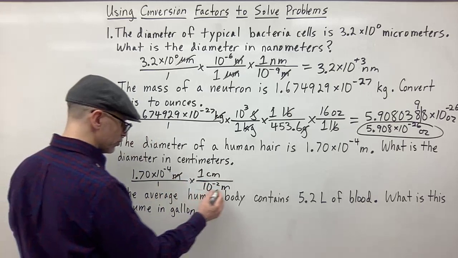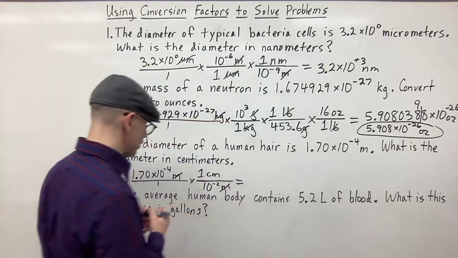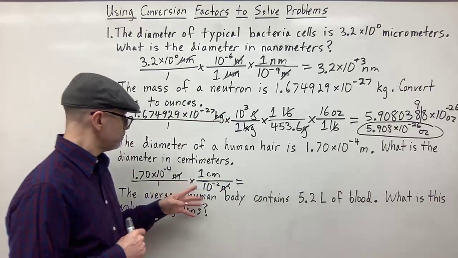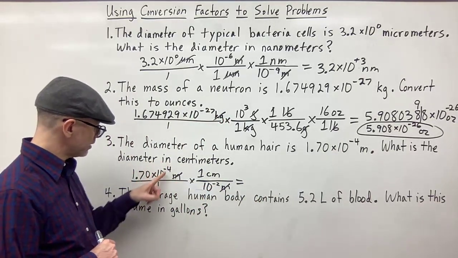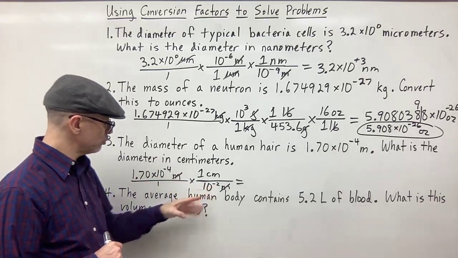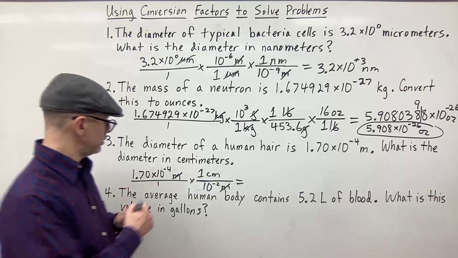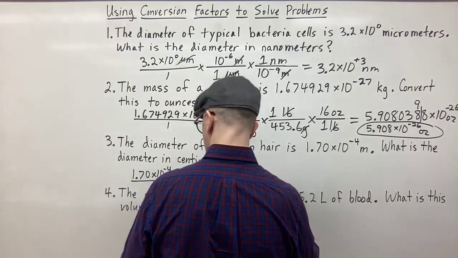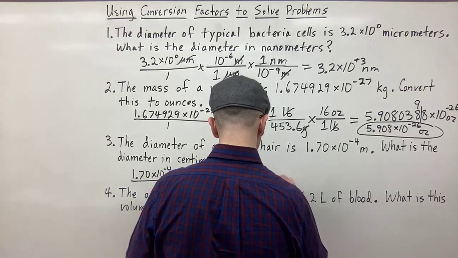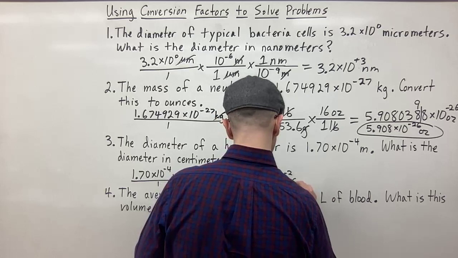So meters cancels out. And then when I do the calculation, basically, I'm going to divide the 10 to the negative 4 by 10 to the negative 2. That's going to become a positive. And so that's going to become, excuse me, 1.70 times 10 to the negative 2 centimeters.